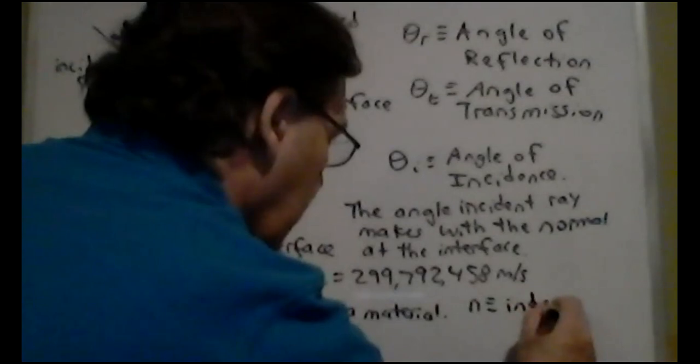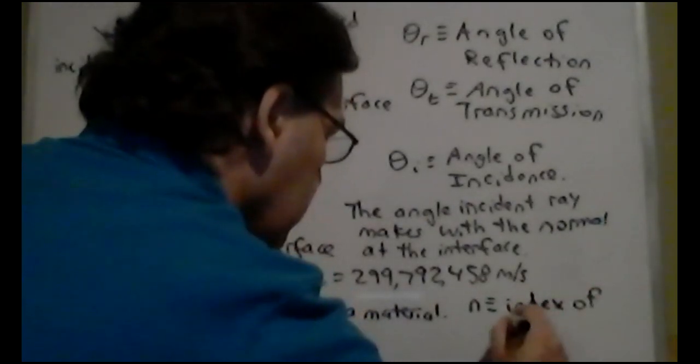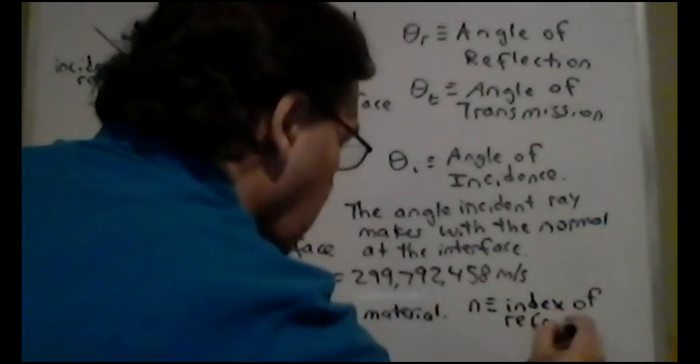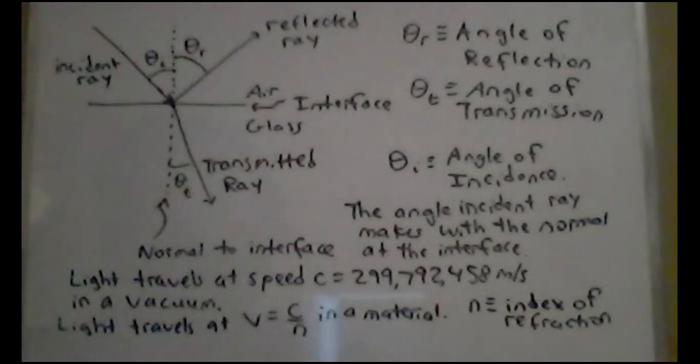It is just a number. It is a unitless number. Every material has one. If you look up indices of refraction in your book, n for a vacuum is 1.0. So let's take a look at some indices of refraction first of all.